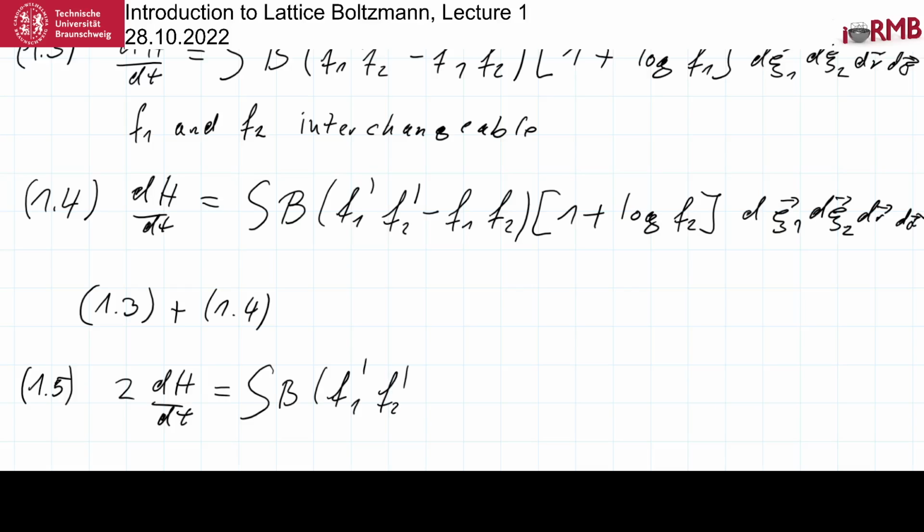So just to rewrite it again, and here we have just 2 plus the logarithm. If we sum up two logarithms, we get the product of the two, so it's f1 times f2. And again, the integral over the entire space.